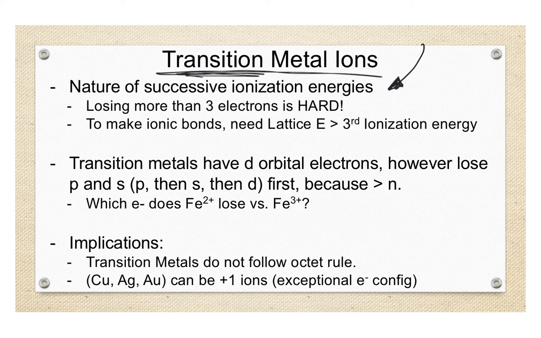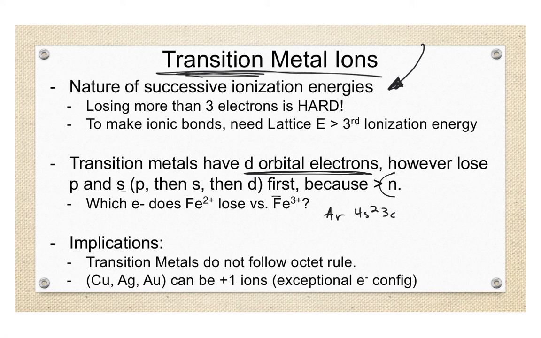The transition metals have d orbital electrons. However, they lose the p and the s first because of the greater energy level. So which electrons does Fe2+ lose versus Fe3+? If we look at the electron configuration for iron, we see that it's argon 4s2 3d6.